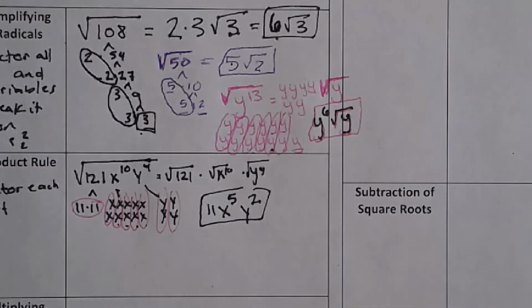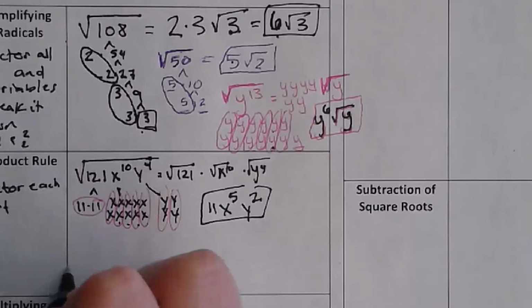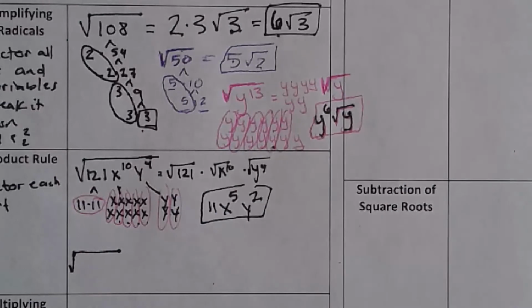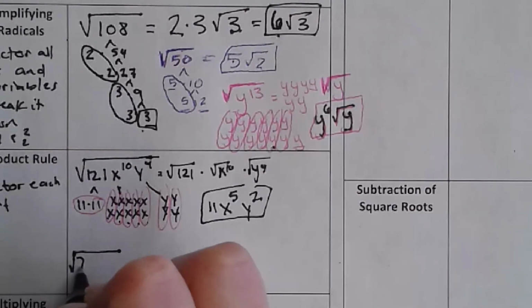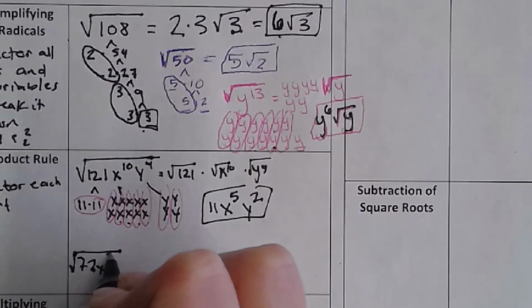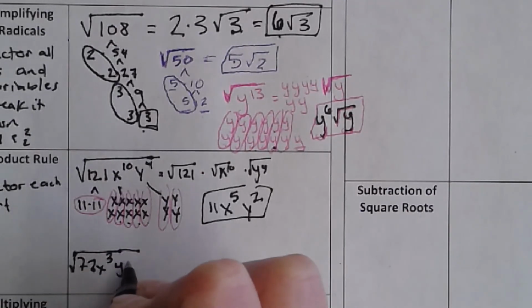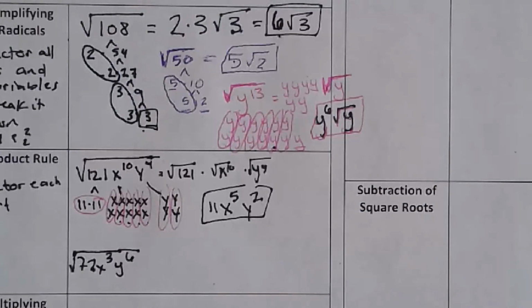Okay, let's try another one. Let's do the square root, and this will be our last one. Let's do the square root of 72 x cubed y to the 6. Okay, so 72. I know 72 is divisible by 9.